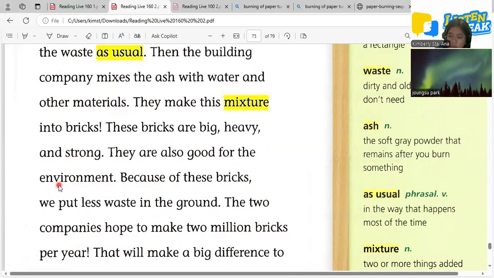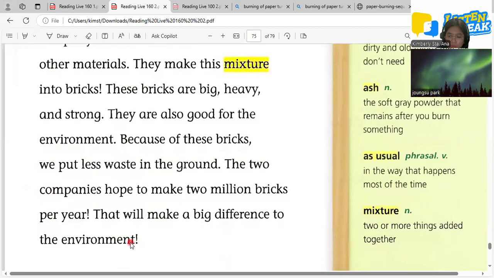Because of these bricks, we put less waste in the ground. The two companies hope to make 2 million bricks per year. That will make a big difference to the environment.